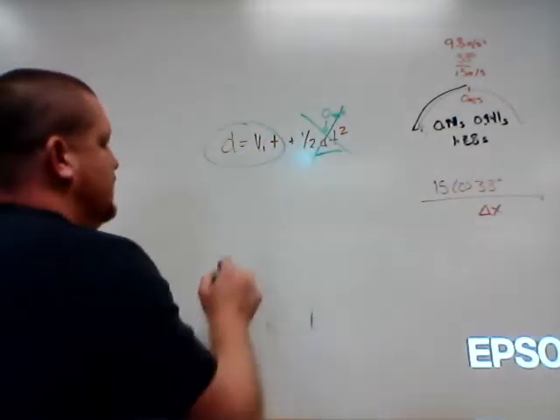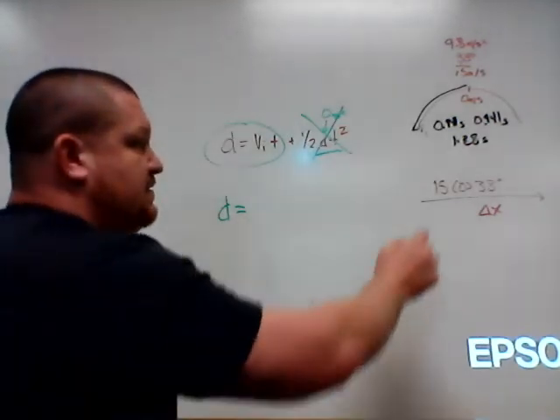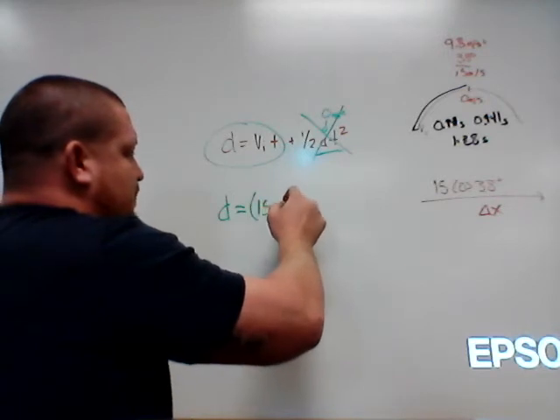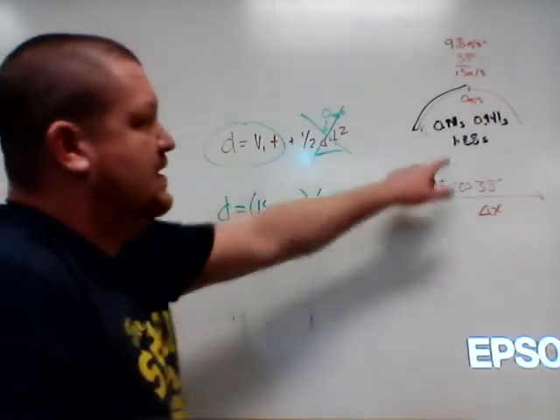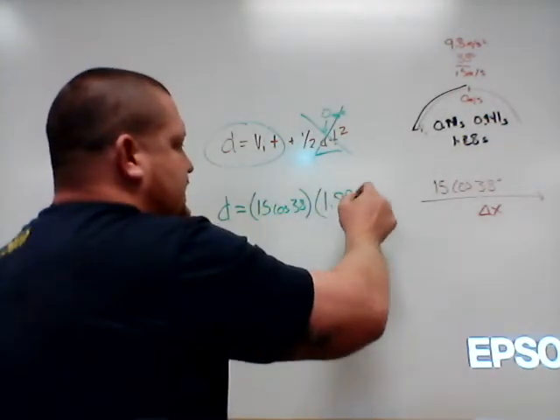So our distance, or our change in X, is equal to our initial velocity. To find that for our horizontal component, we're going to do 15 cosine 38 times our time. Our time for the entire thing is 1.88 seconds.